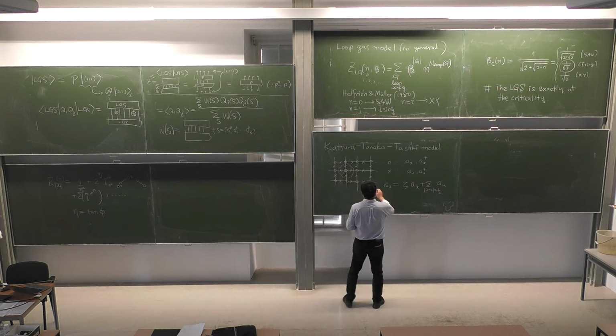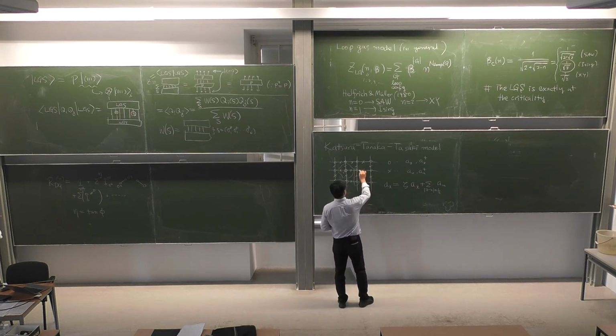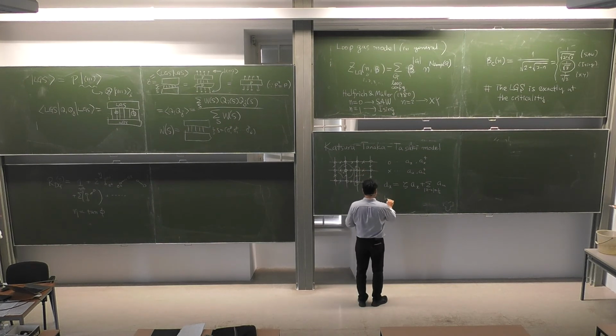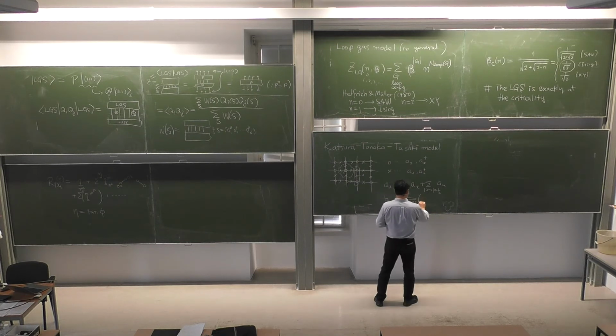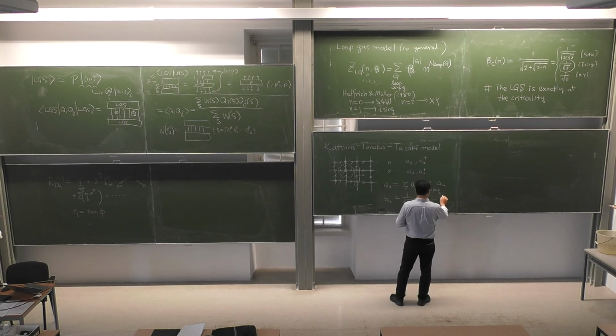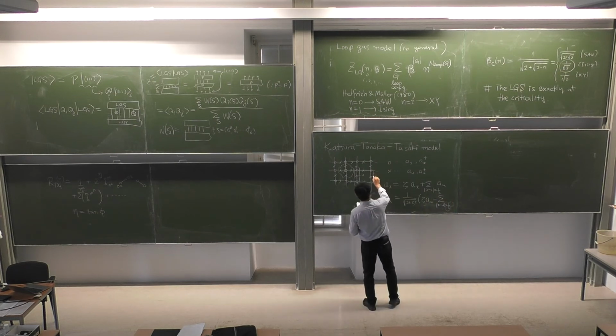And for each edge specified by U, we define another species of the bosonic operator in this way. Theta U minus theta X minus U. By the way, this is 1/2.